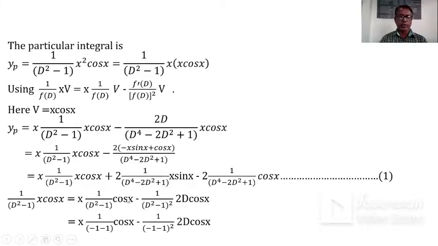This is equal to x, substituting d square by minus a square, where a is 1, cos ax. We get this minus 1 upon, again we first operate this on cos x. This 2d as it is, and 1 upon (d square minus 1) whole square on cos x. Substitute d square by minus a square. We get this term.